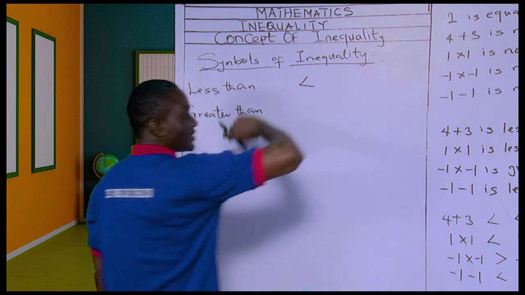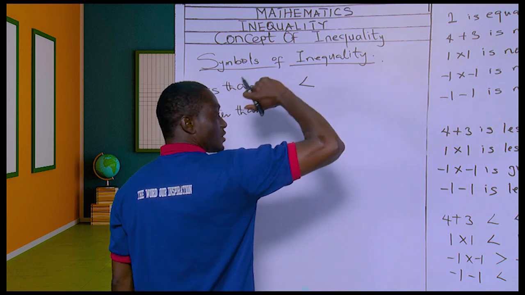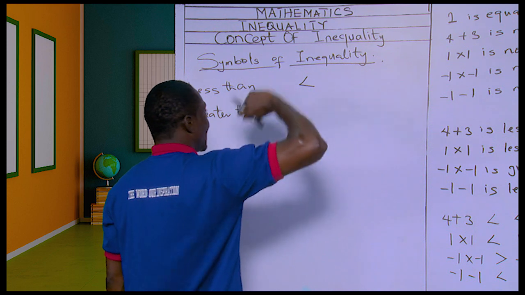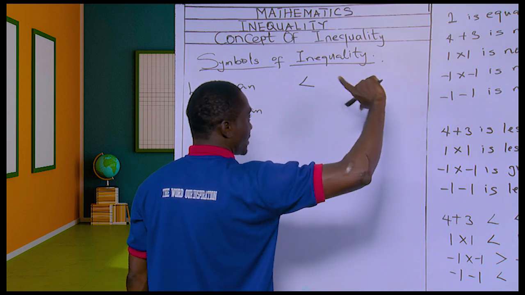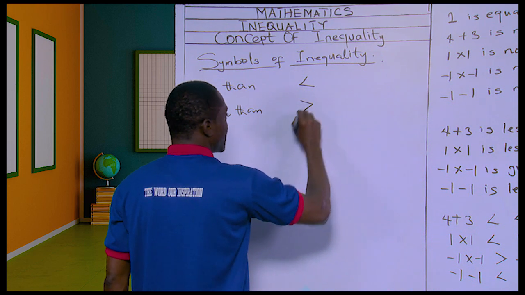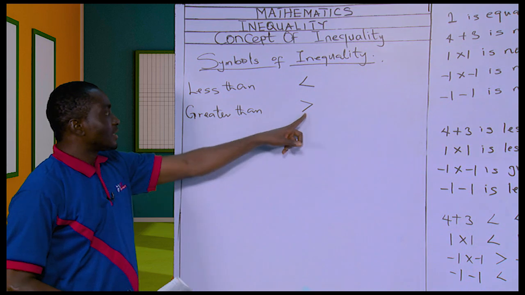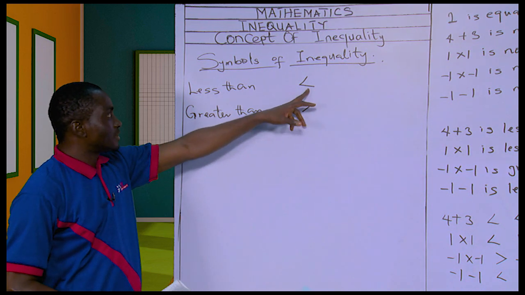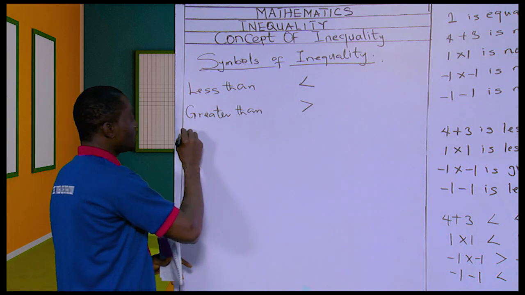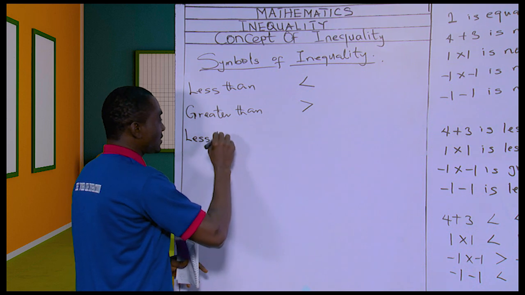Greater than: you use your right hand to give an angle shape, or any of your fingers from the right. So we refer to it as greater than, while this is the symbol for less than.